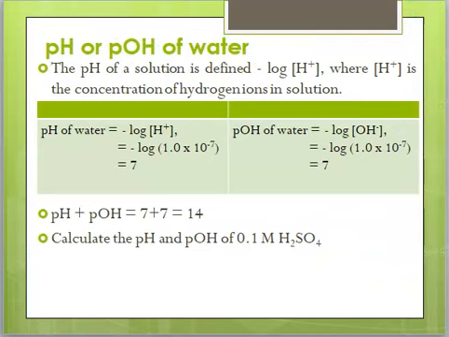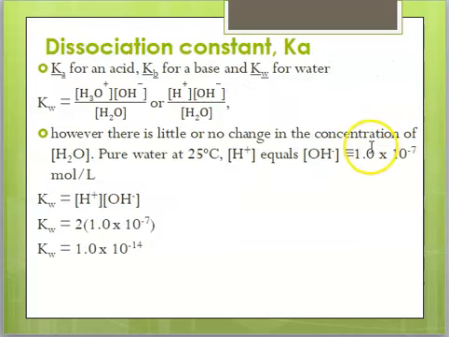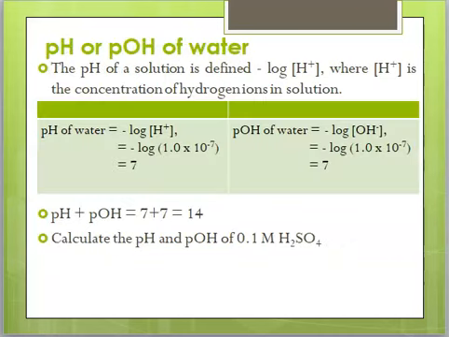Now, of course, let us go to pH and pOH. pH is defined as the negative log of the concentration of hydrogen ions. And since we have said that the concentration of hydrogen ions at 25 degrees Celsius is 1 times 10 power negative 7, then using the calculator, the pH of water is this, and the pOH is this.